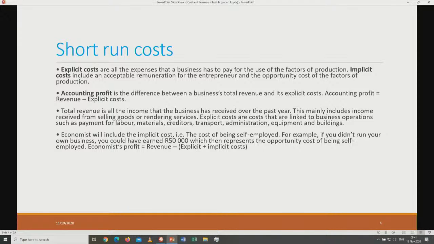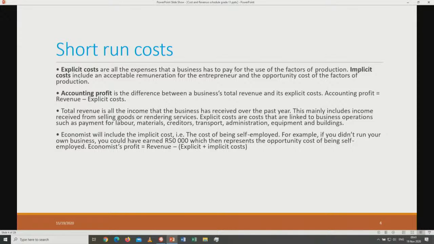Now with economists, using the same approach of total revenue minus explicit cost, which is the approach used by the accountant, it is part of what economists are doing. The only difference is that economists also include implicit cost.